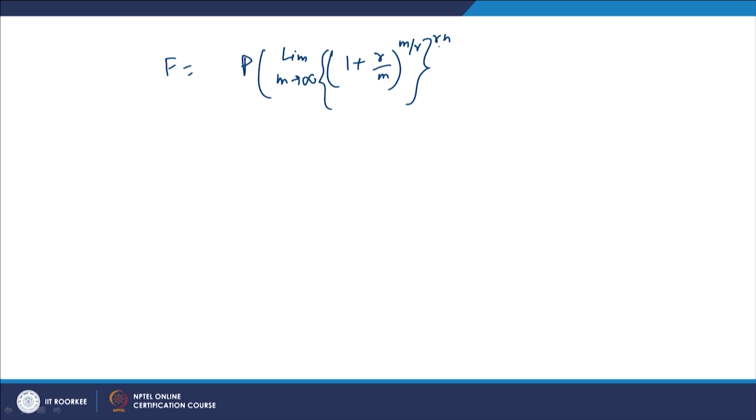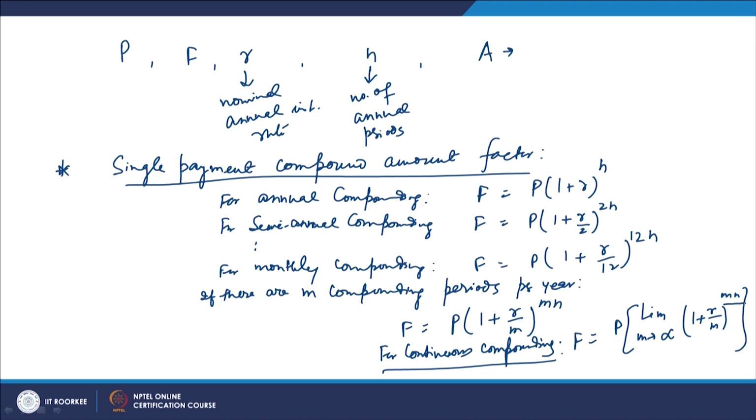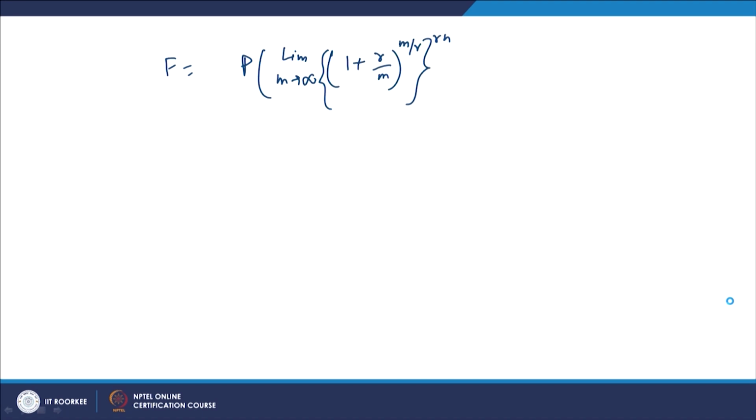So, this r and r cancel and it becomes mn. The mn that was there earlier is still intact.